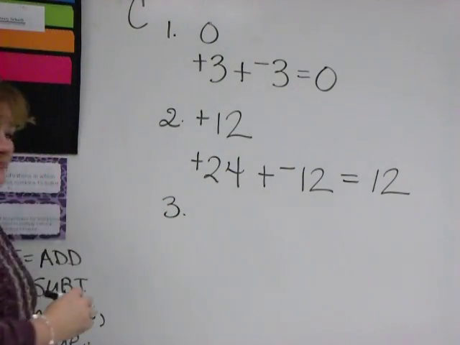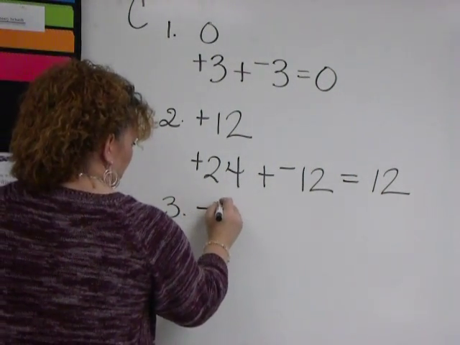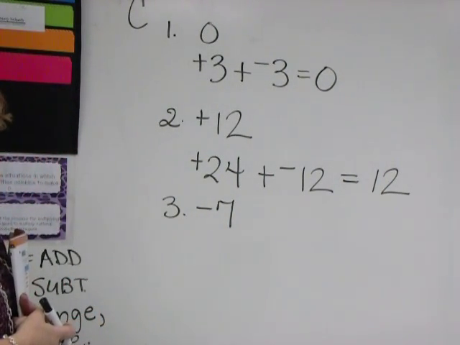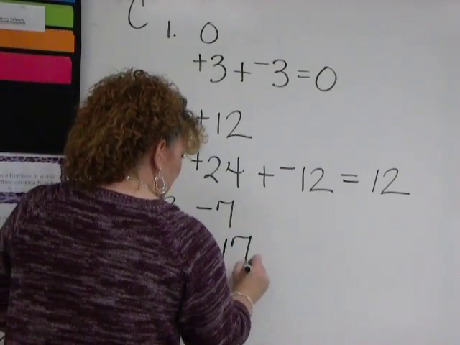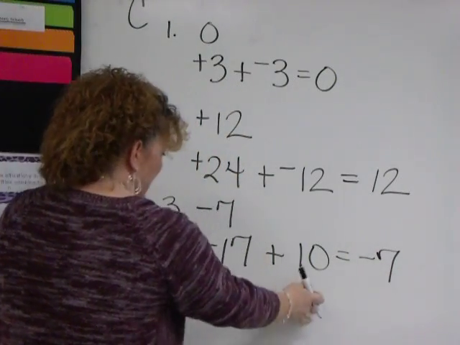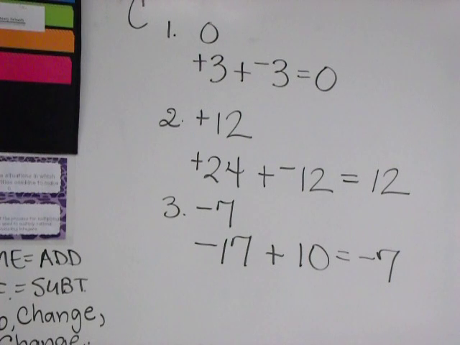Number 3, the desired answer is a -7. I might use a -17 plus a +10. Now you give me one that's going to equal a -7.